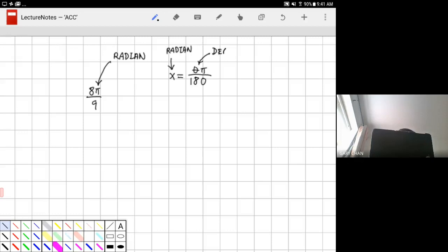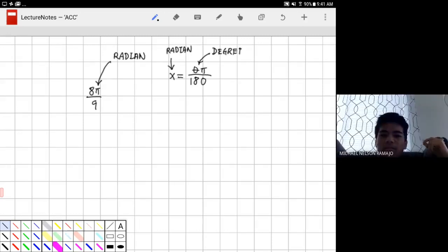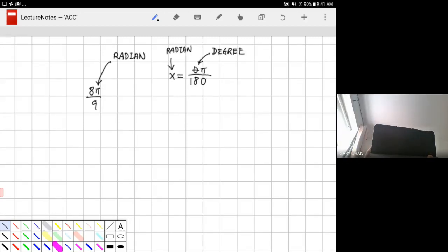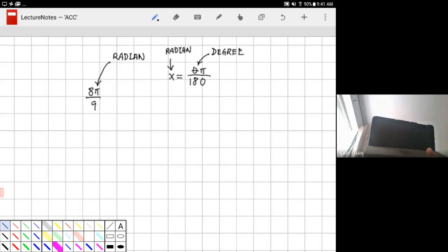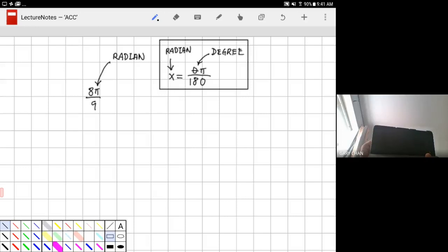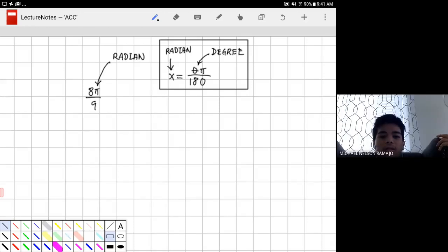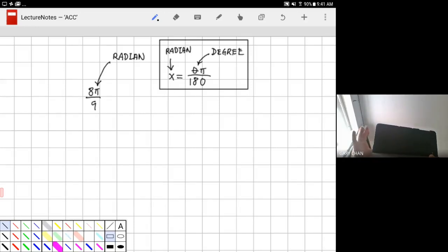Degree. It was in degree. So what are we trying to solve for within this conversion equation? We're trying to convert radians to degrees. Right now, we know what the radian measure is. We don't know what the degree measure is.